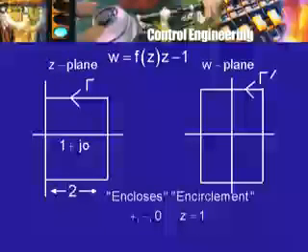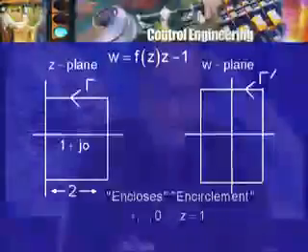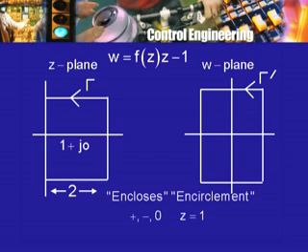As we have seen, we are going to shift it by 1 unit. The square will have to have side 2 and not 1, because I want the point 1 plus j0 to be inside. So when we shift this curve by minus 1, we will get the square here of side 2. This will be gamma prime.